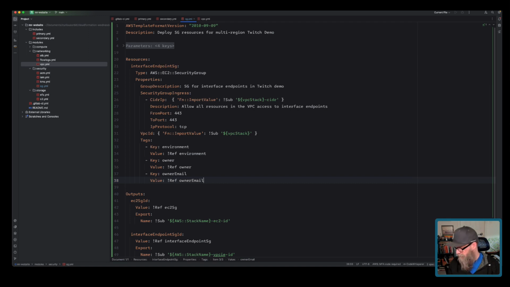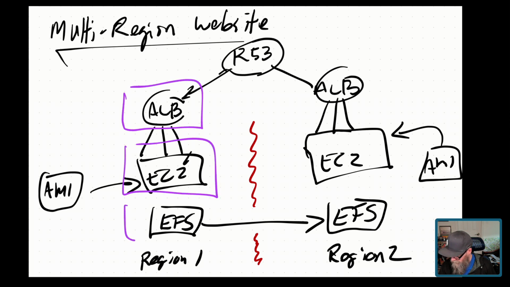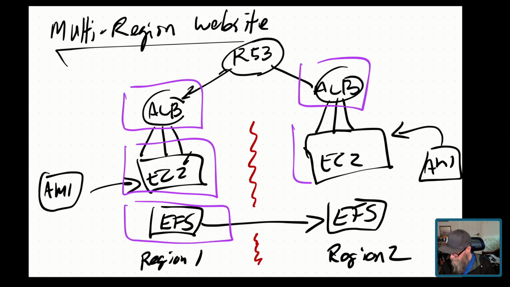We need. Okay, if we think about, let's go back to the diagram here for a second. All right, so if we go back over here, what we need, if we draw on this diagram, we'll make it purple. We need a security group, security group, security group, and again, security groups are tied to specific VPCs. So that means we need the corresponding ones on the other side.